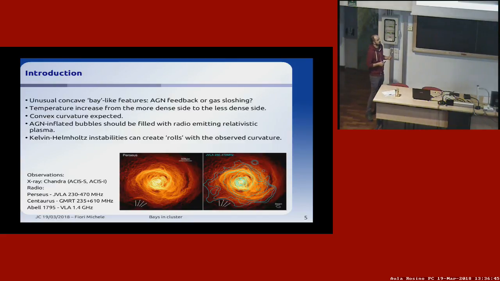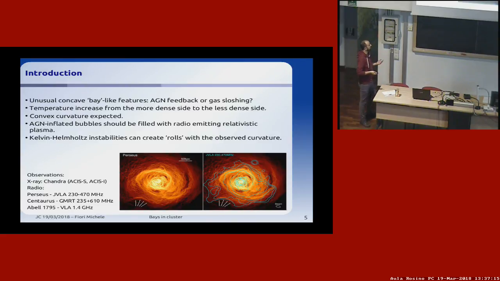When we have a cold gas that is sloshing, we expect a temperature that increases from the more dense side, so in the direction of the galaxy cluster center, to the less dense side, so outside the bay. But we expect convex curvature instead of concave curvature.